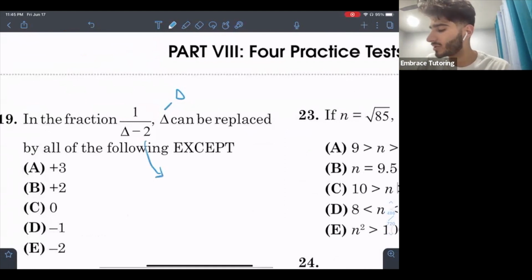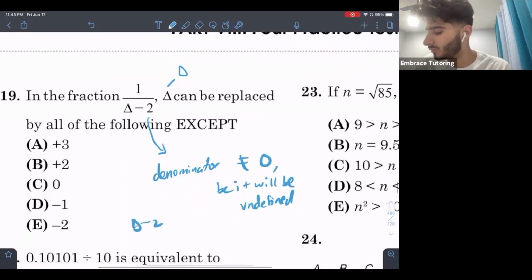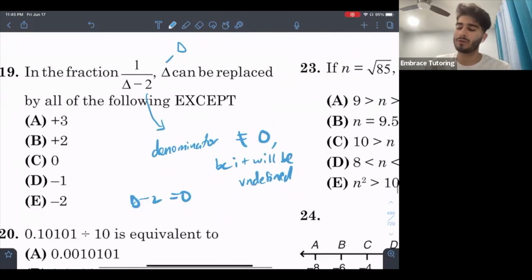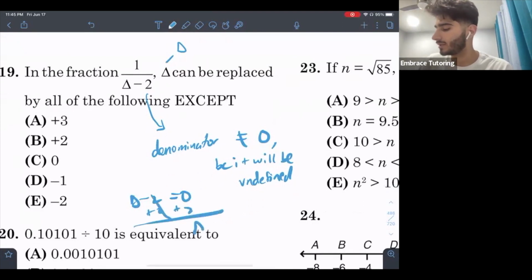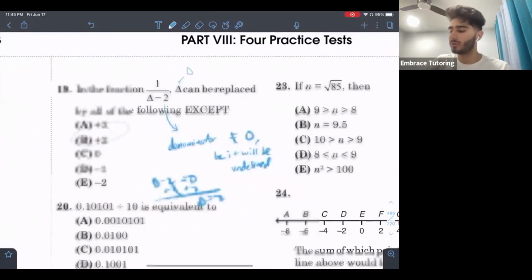For a fraction, the denominator cannot equal 0 because it will be undefined. So delta minus 2 equals 0. At what point would delta give you 0? If you add 2 on both sides, delta is equal to 2, then the denominator will equal 0, which is what we don't want. So everything would work besides 2, choice B.